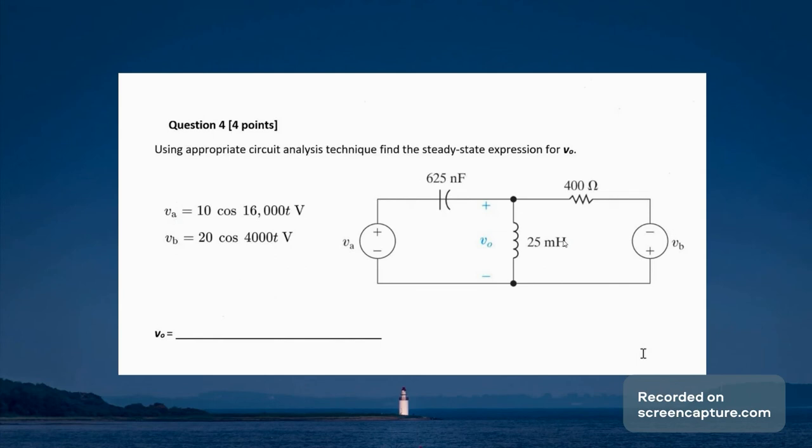So omega times 25 millihenries times J gives you J400 ohms as the impedance. And then your ZX value is just that combined with the 400 ohm resistor. They're in parallel, so this gives you 200 plus J200 ohms. And remember to save this value because we will need it when we find the steady state expression.